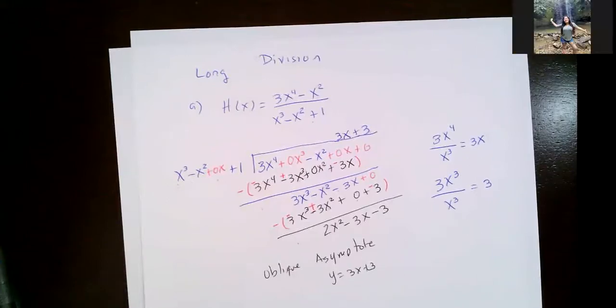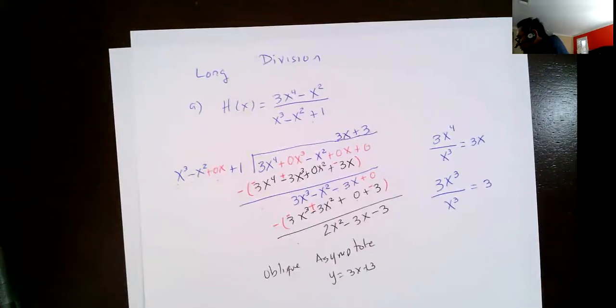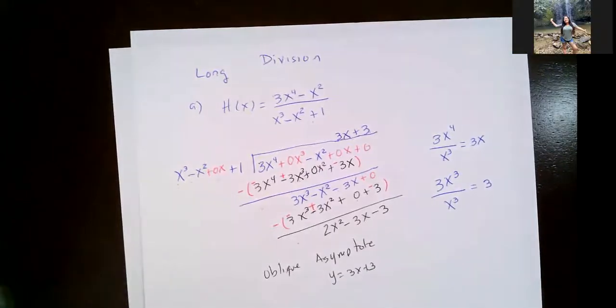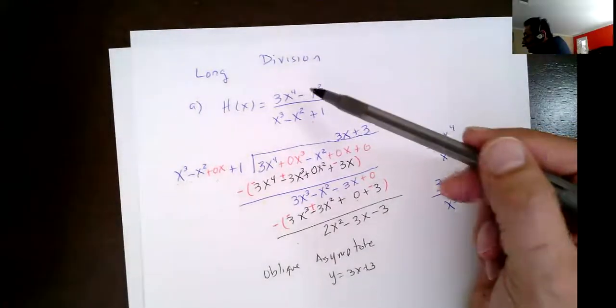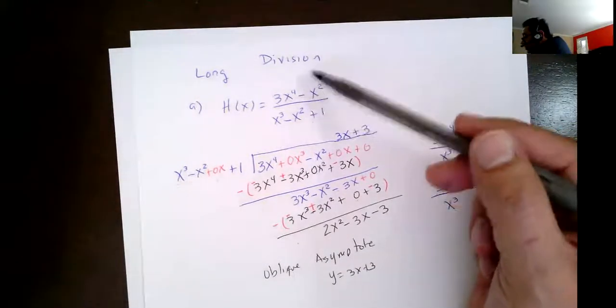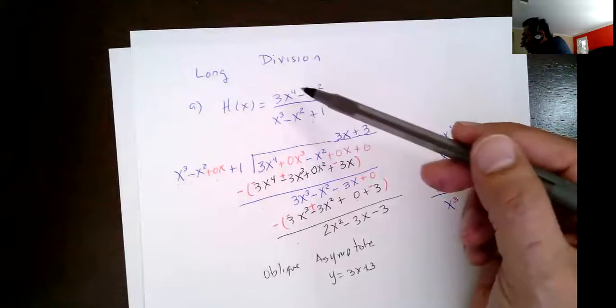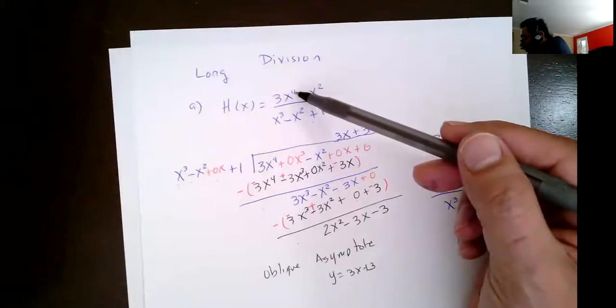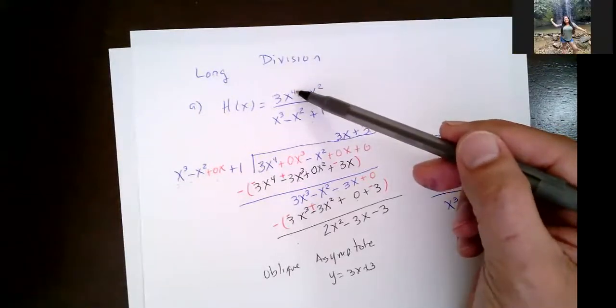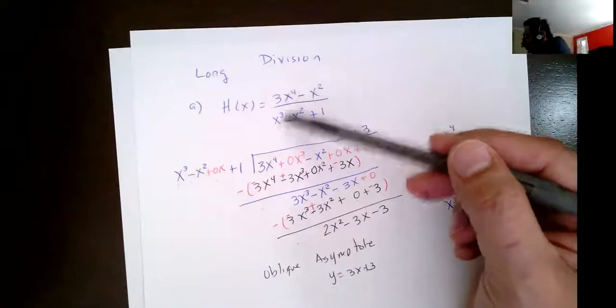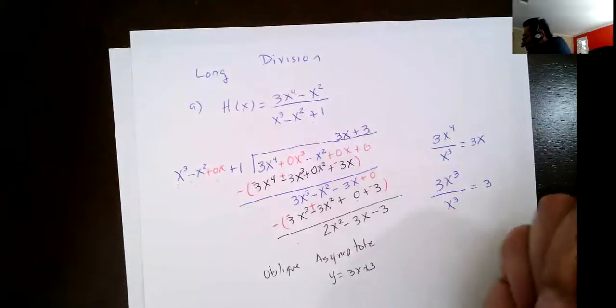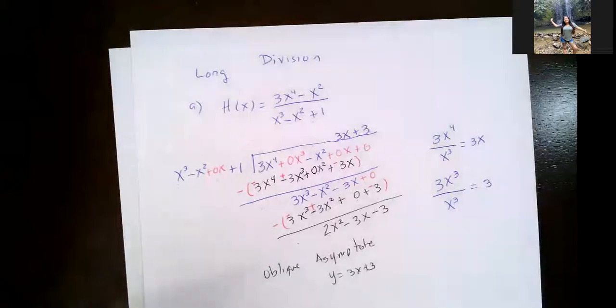No, I mean, what rule? Like, you said if n equals n plus 1? Okay, when do we find an oblique asymptote? When the degree of the numerator is 1 more than the degree of the denominator. Okay, that's the rule.